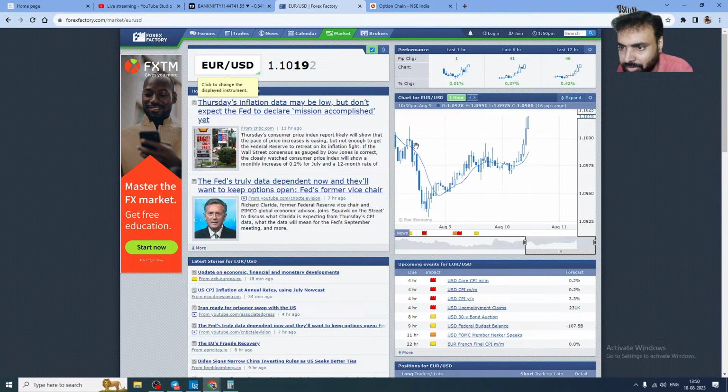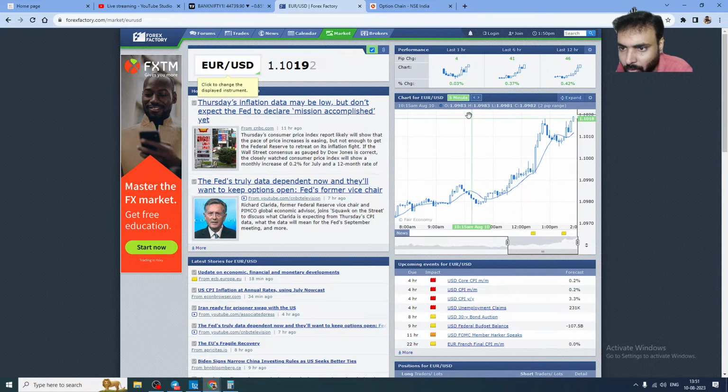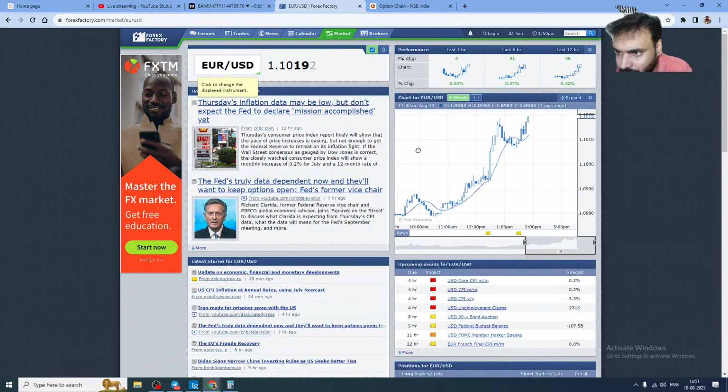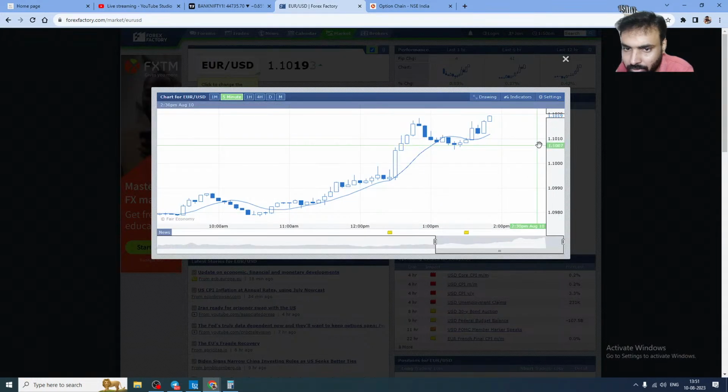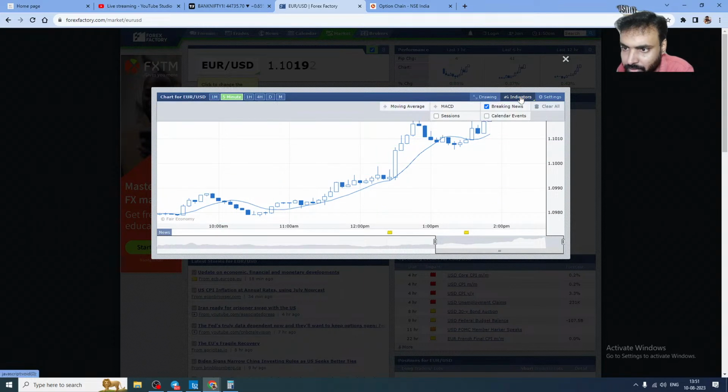Let's take a 15 minute chart. 15 minutes is not there. Okay, this is a 5 minute chart. You can expand that also. Indicators you can put MACD, moving average, breaking news, drawing, all sorts of things you can do.